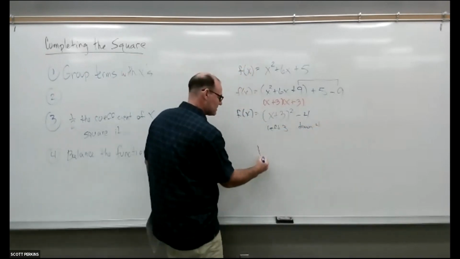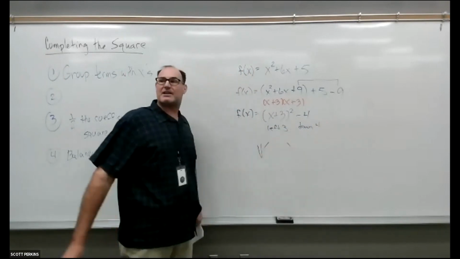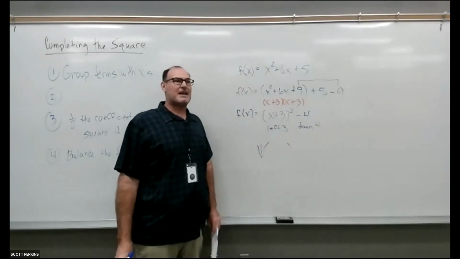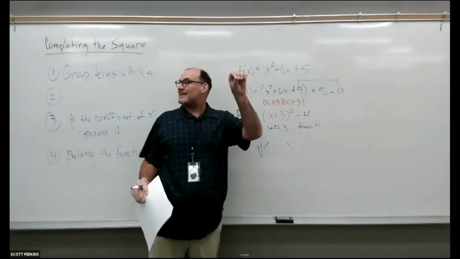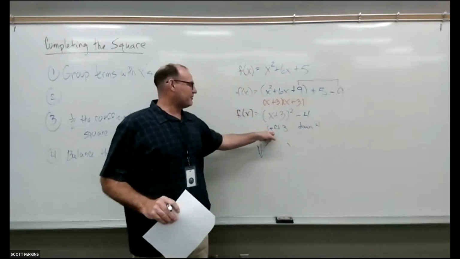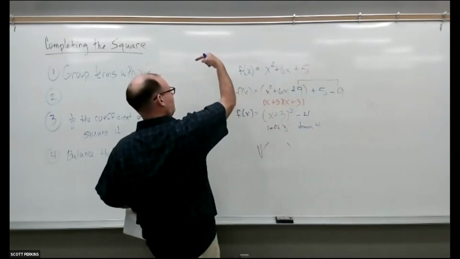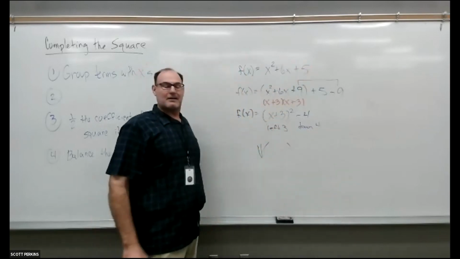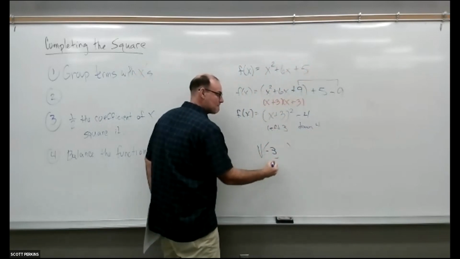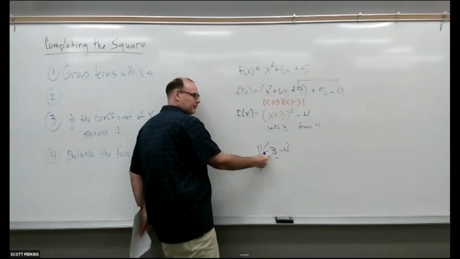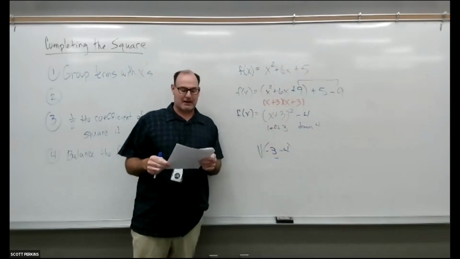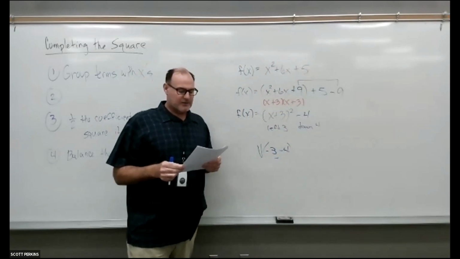So the vertex, I'm going to use a V for vertex in front of my point right here. If I move the vertex of the basic x² function left 3, down 4, what's the new point of the vertex? -3, -4. Left 3, down 4. That's my vertex. The next one, the domain and the range.